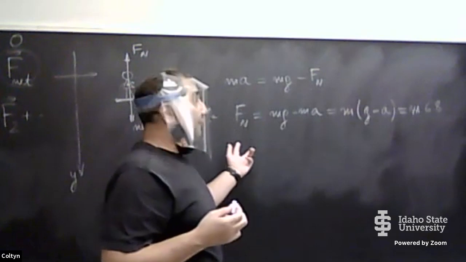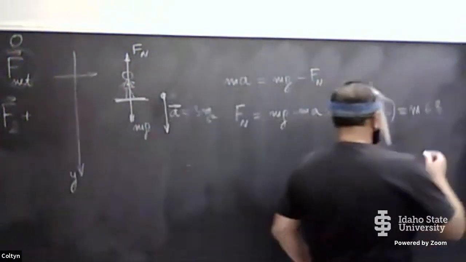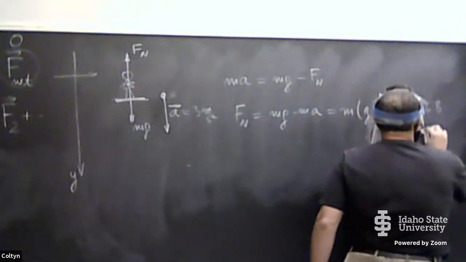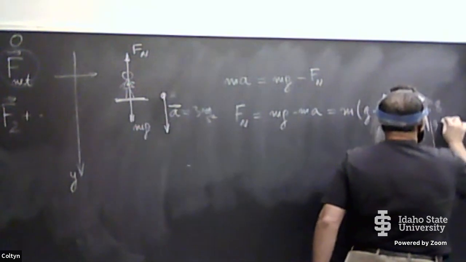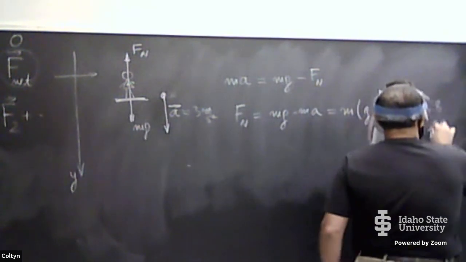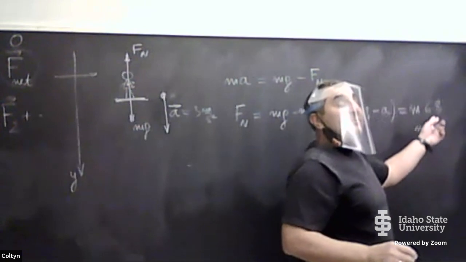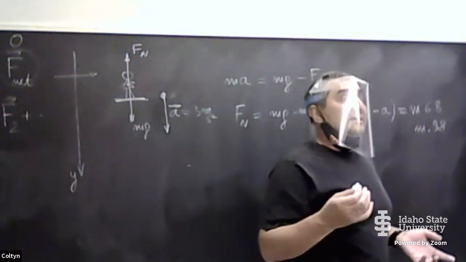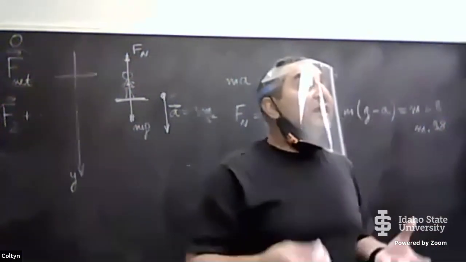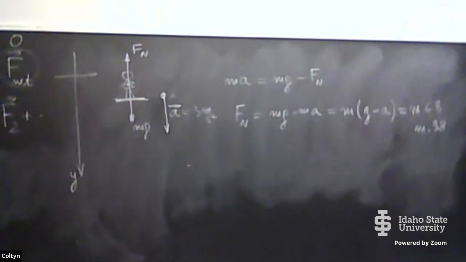This is what you're going to feel. And therefore, instead of feeling m times 9.8, you feel m times 6.8, a smaller force. You feel lighter when the elevator is accelerating in the downward direction. You have probably noticed it if you're careful.